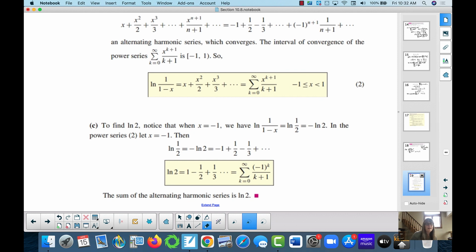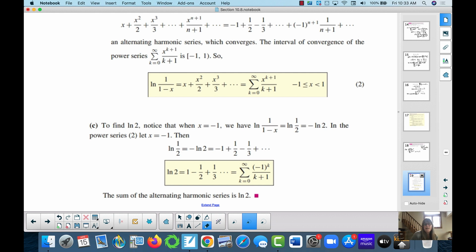And then to find the value of the natural log of 2, that means x is -1 in this function right here. That gives us negative natural log of 2. So if we let x equal -1 and plug that into the series, then whatever the sum of this alternating harmonic series is, plugging in -1 here, that is what natural log of 2 is.